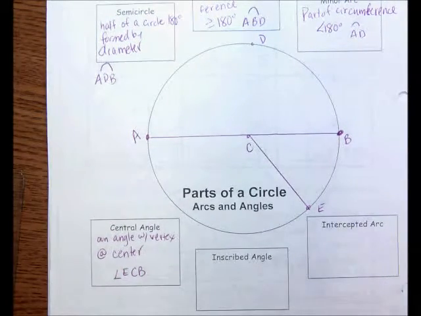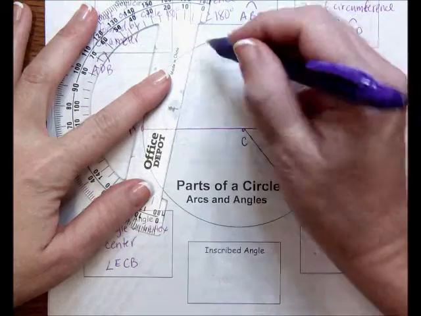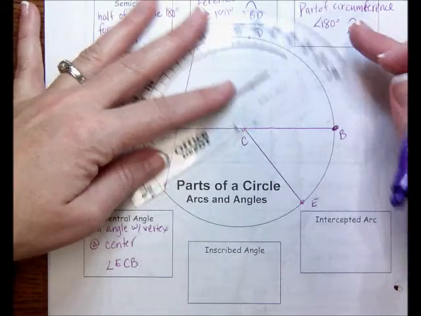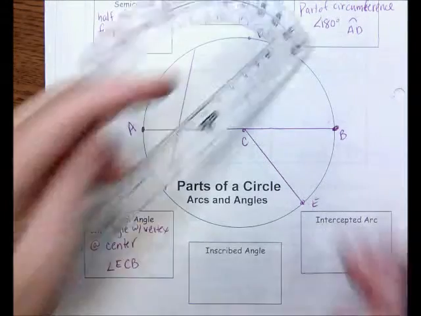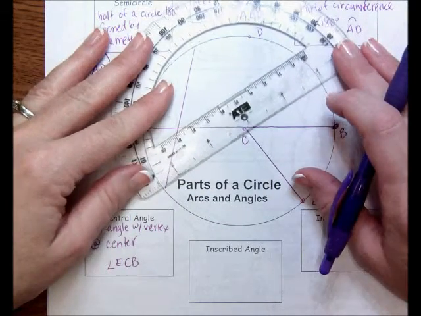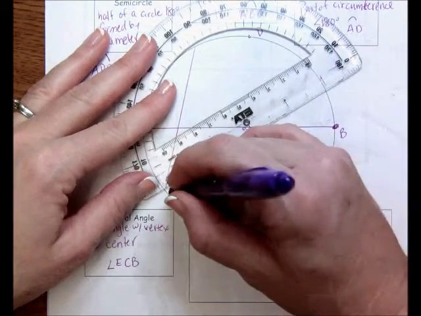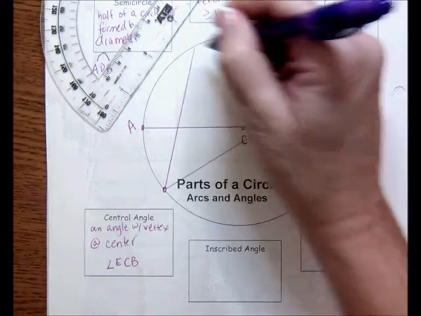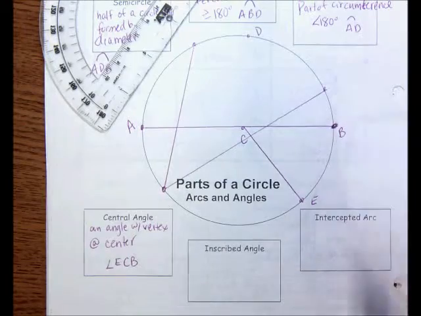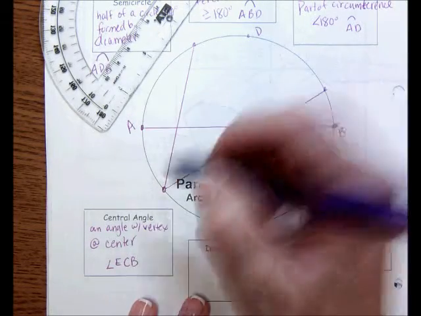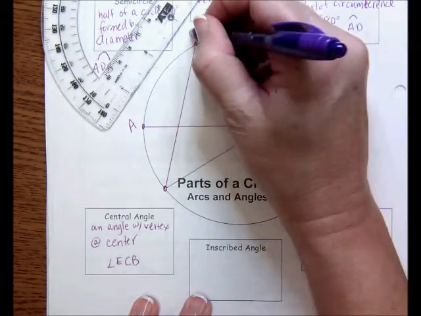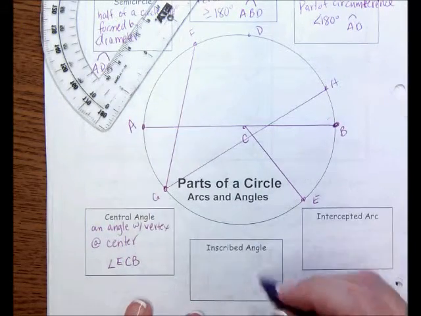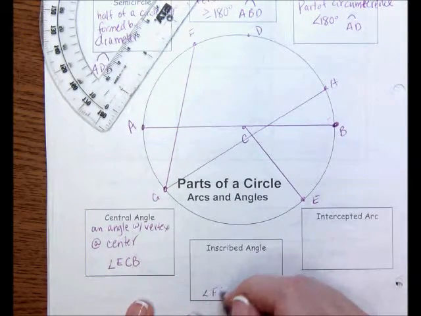The next one that we talked about was an inscribed angle. An inscribed angle is formed by 2 chords that intersect on the circle. So here we have, I'm going to label these F, G, and H. And I have angle FGH.